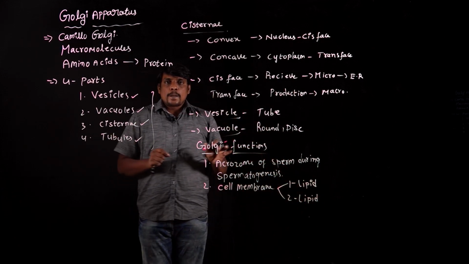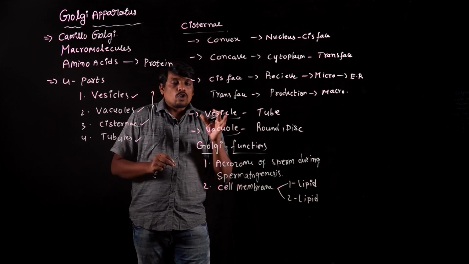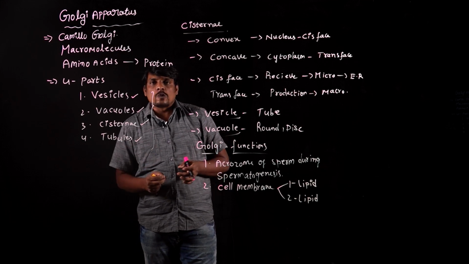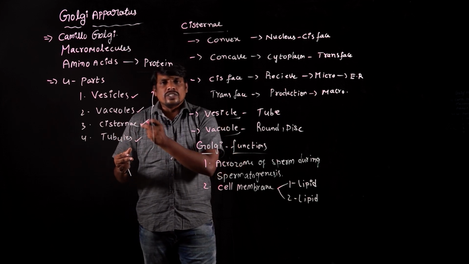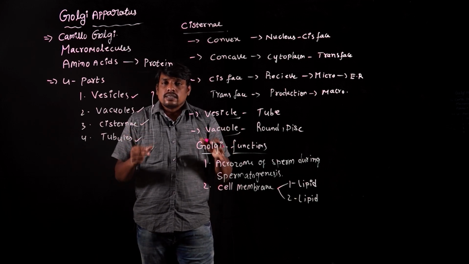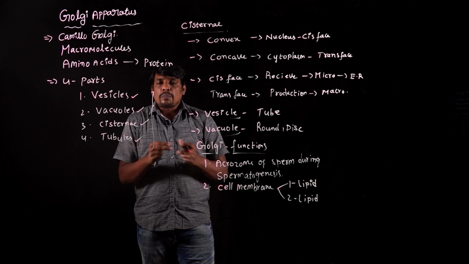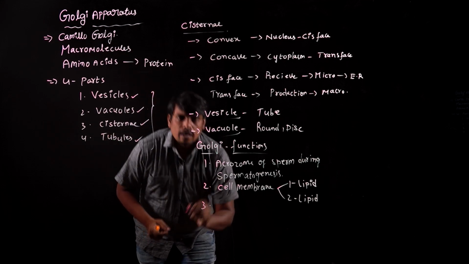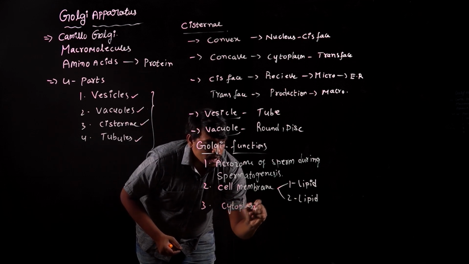These two lipid layers are synthesized by Golgi operators. These lipid layers play an important role in osmosis, diffusion and the filtration of various substances entering into the cell. So by making these lipid layers, the Golgi operators help the cell membrane form a protective coat around the cell.